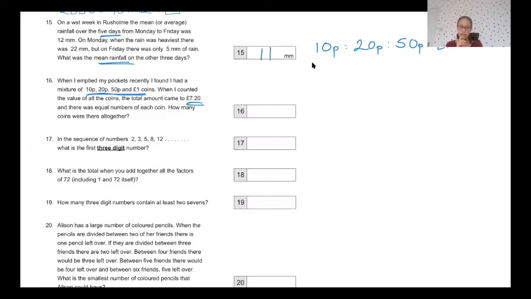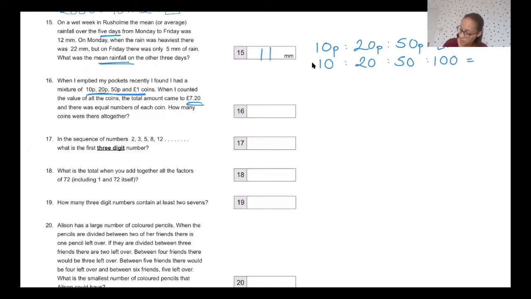I am going to write the total amount for each of those. Well, it's really just the amount in pence. So she had 10p, she had 20p, she had 50p, and she had 100p there.